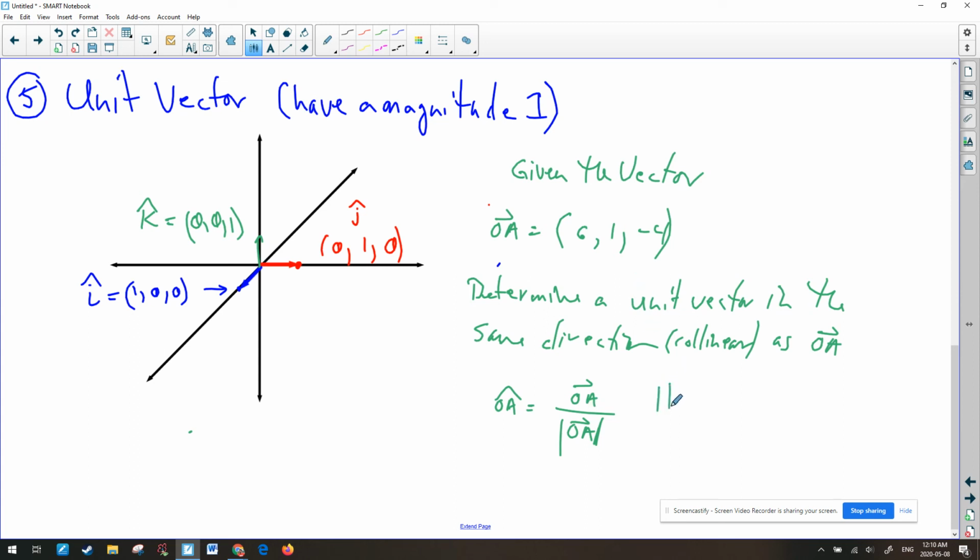So we would have to figure out the magnitude of vector OA, and we could do that by saying that's going to be the root of 6 squared plus 1 squared plus 4 squared. That's 36, 37, plus 16 is 53. You can point and laugh at me later if I got that wrong. So it's the root of 53. So I could write OA hat in two different ways.